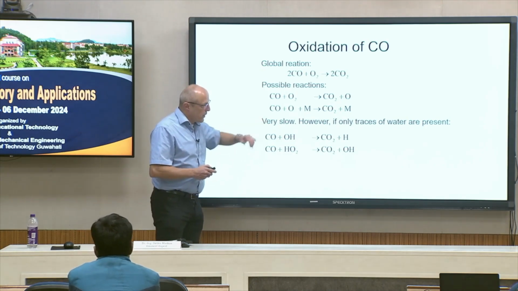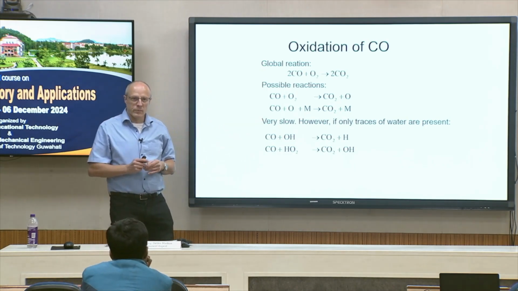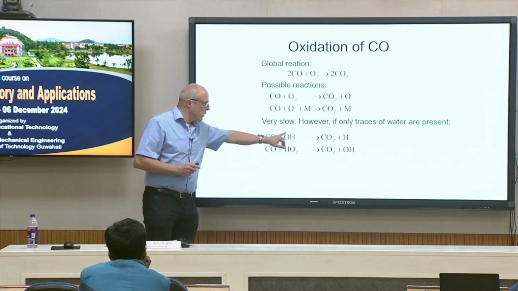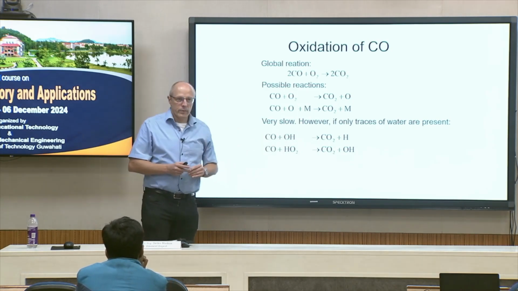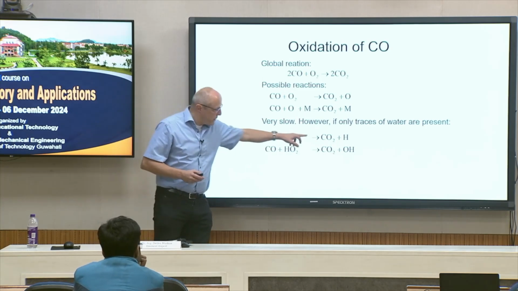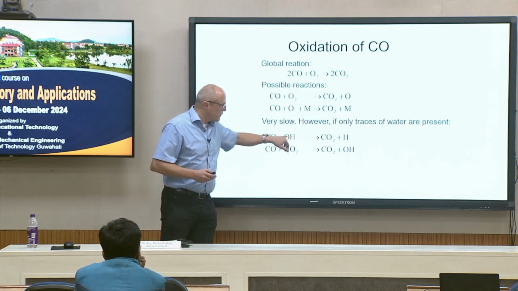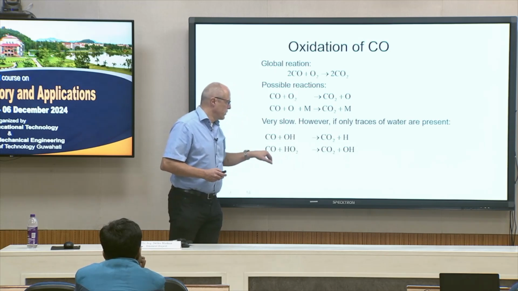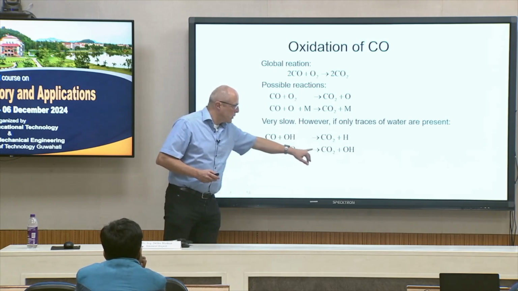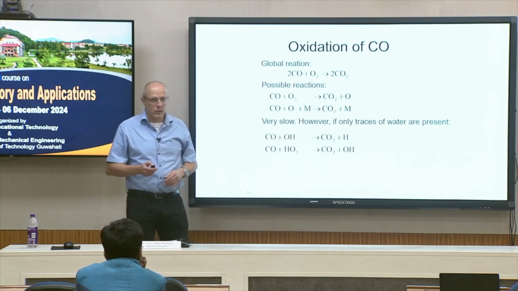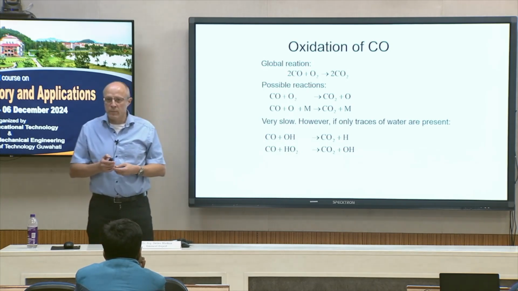But if only traces of water are present, we always have some OH radicals, and this reaction path here, so CO plus OH gives CO2 plus H, and CO plus HO2 gives CO2 plus OH, is much faster.